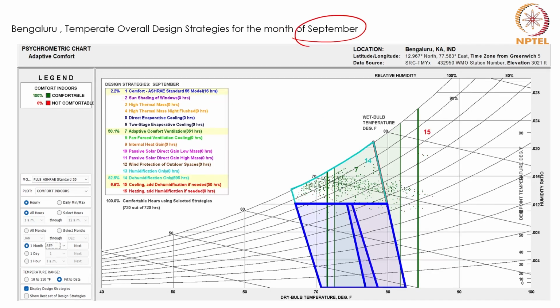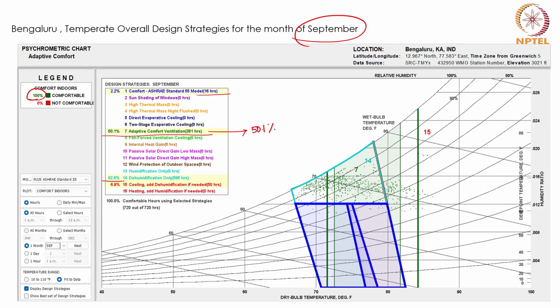Now, in order to make 100% of the hours comfortable, what should you do? Already we saw that 16% remains comfortable by itself. Adopting comfort ventilation will make 50.1% hours comfortable.